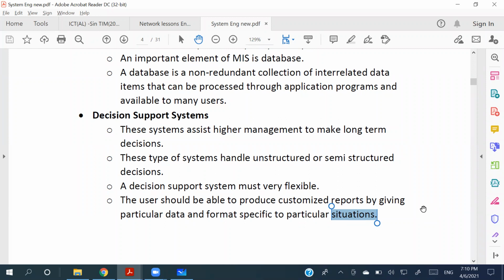And again, the suggestions given by the decision support system should be very flexible, right? The lower level management does not have the authority of recruiting and firing people. The higher management has those powers. So if they need to take a decision regarding a particular employee, like as an example, let's think there is an employee who is getting absent very frequently over a month.